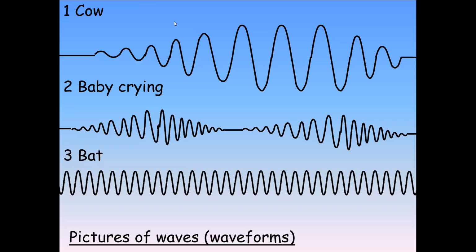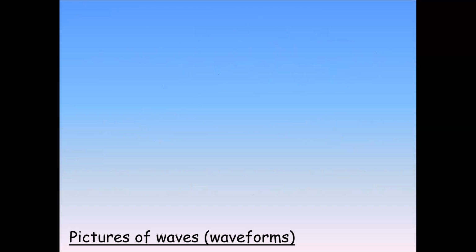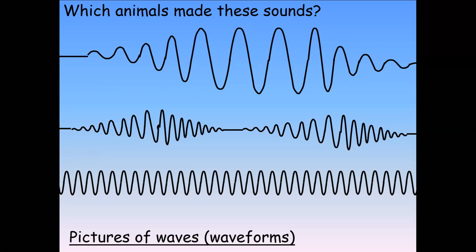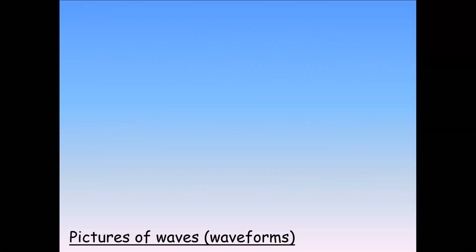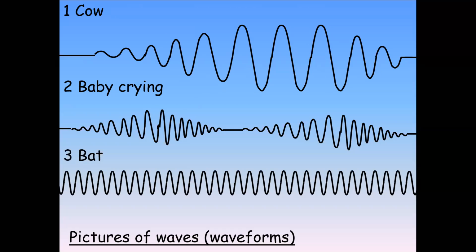Why are you not able to hear anything for the third one? Like you are able to hear this sound for the cow. The second one is for a baby crying, but what about the third one?